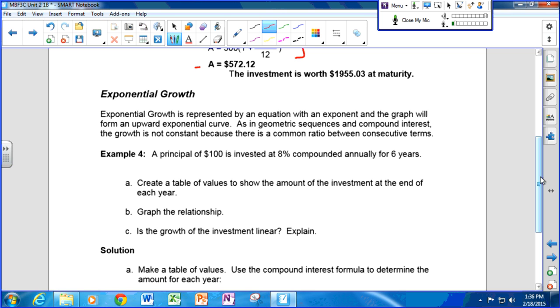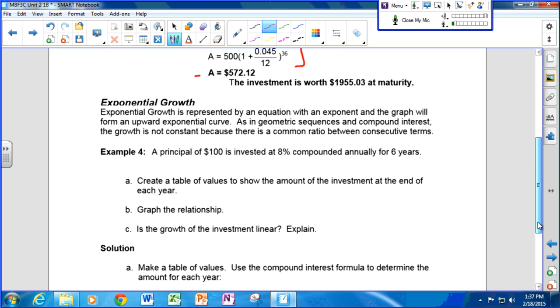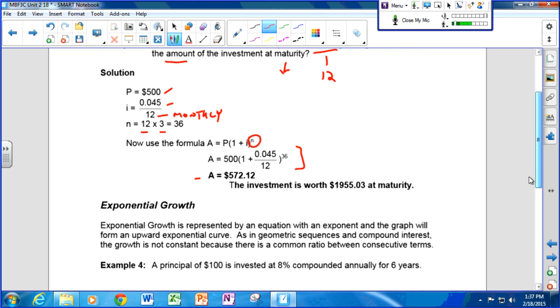But let's talk about this other idea, which is the type of growth that an exponential function has. Notice it's an exponential function, right? It has a variable. If we go back up to the middle of page 11, notice it has a variable, n, as the exponent.